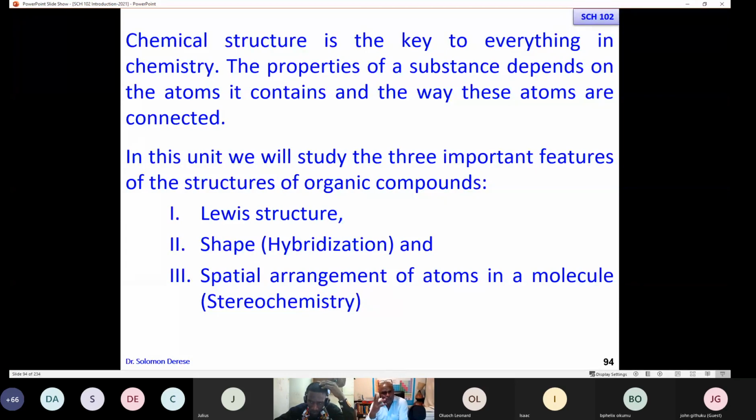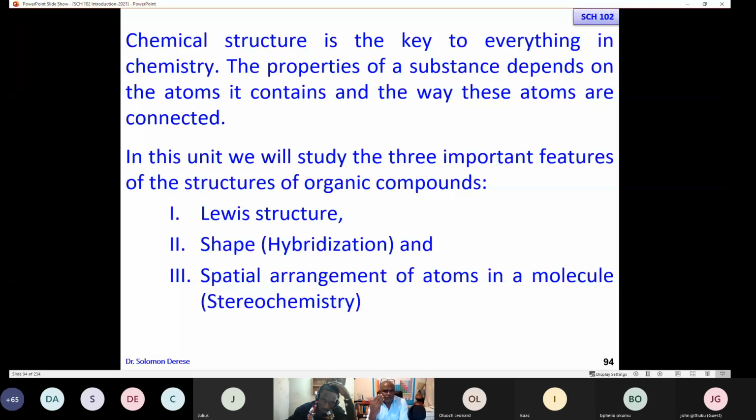And then as we finish this unit, we'll talk about the spatial arrangement of atoms in a molecule, how the atoms are arranged in space, which is a concept of stereochemistry. Stereochemistry tells us in which direction a particular atom is facing, how a particular atom is arranged in space in relation to the other atoms.